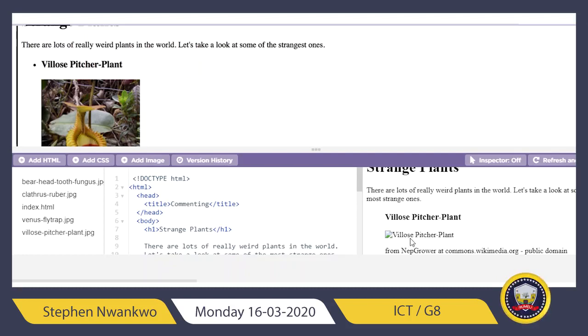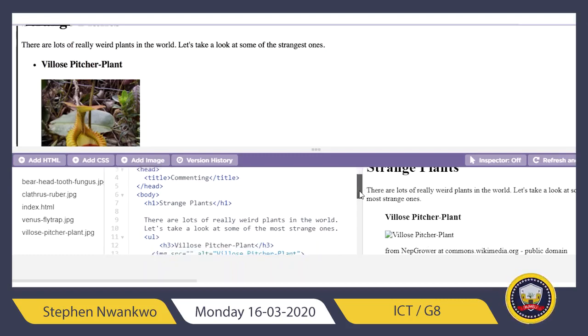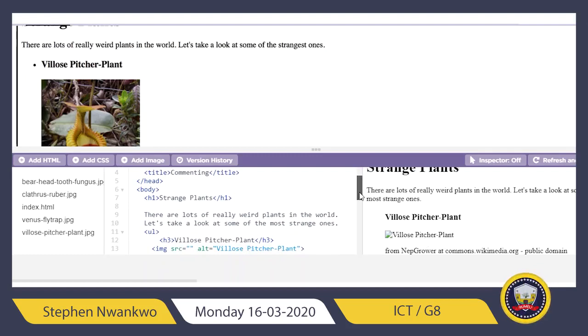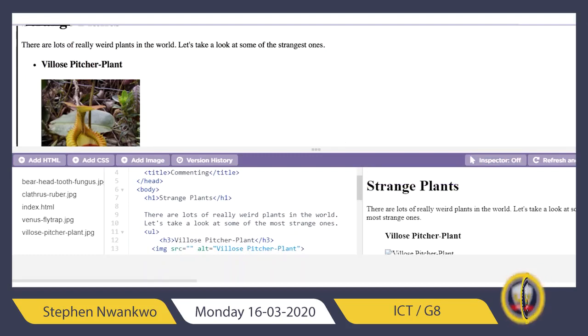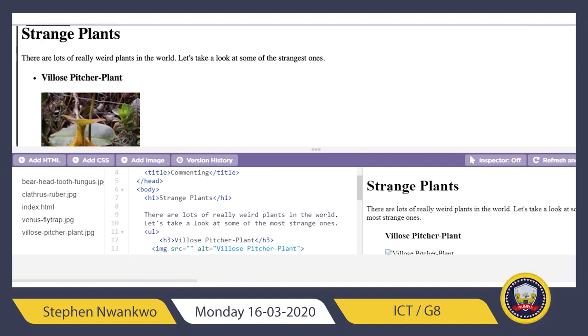And you remember that I told you in the previous lesson that alternative text signifies that an image is supposed to be here. That is an image of a Velos pitcher plant, but it's not here. So what we need to do here is to arrange this and debug this web page, starting from the header tag. So the first one is H1, the strange plants.